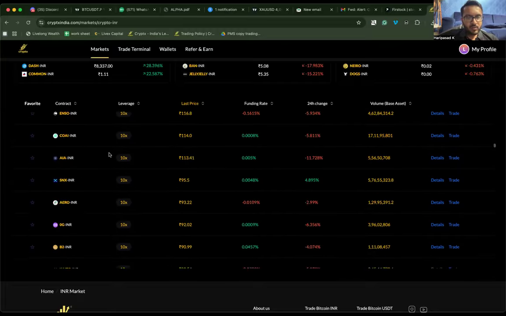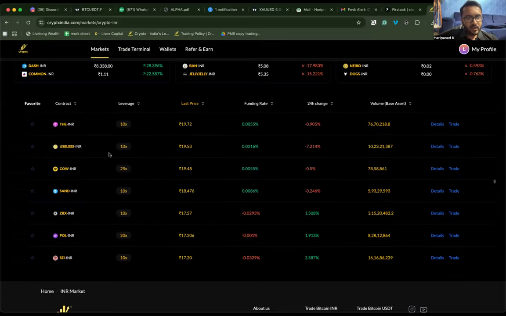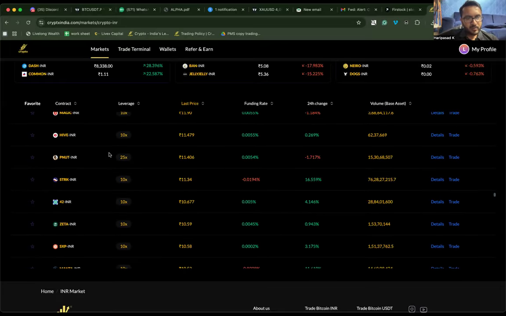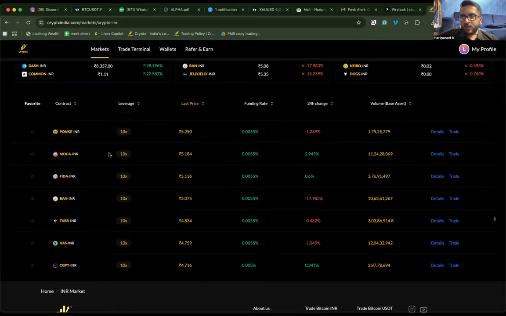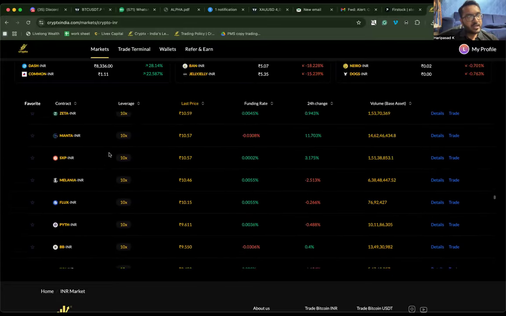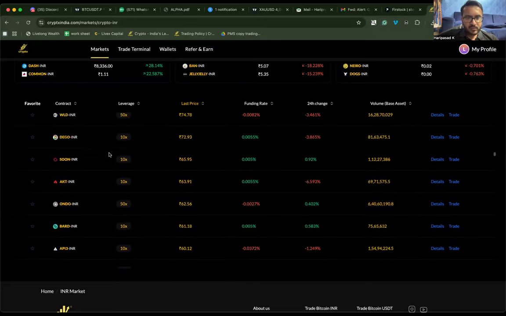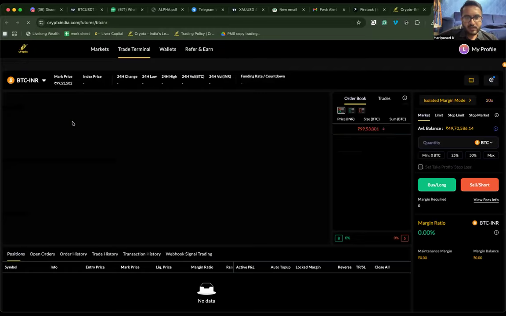We have almost 200 plus pairs available, so whatever crypto futures pair you want to trade is there on Cryptx India. Today, for the strategy I'm going to discuss with you, let's look for some trades in BTC INR.